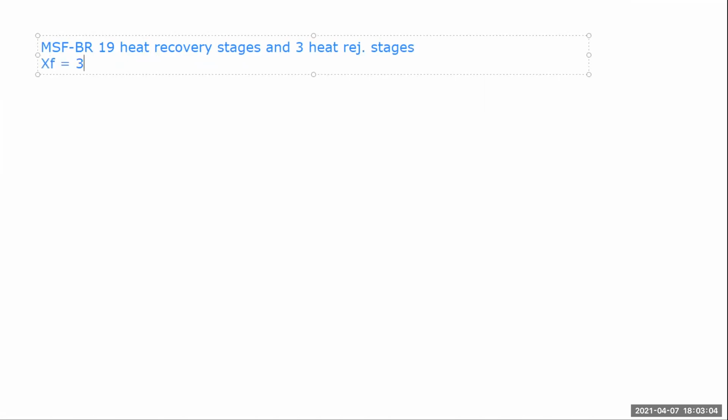X feed is 34,000 ppm. X brine is 68,000 ppm. Cooling water temperature is 25 centigrade. TS, steam temperature, is taken as 100 centigrade.